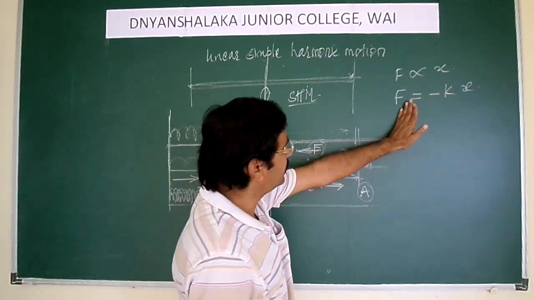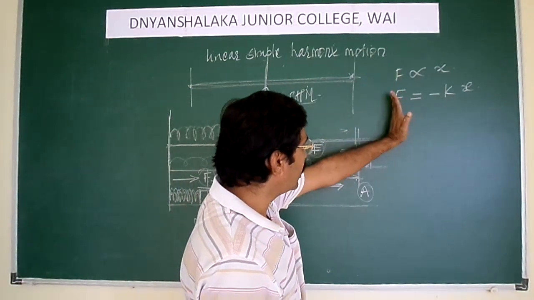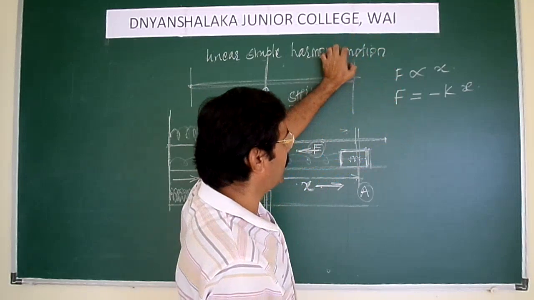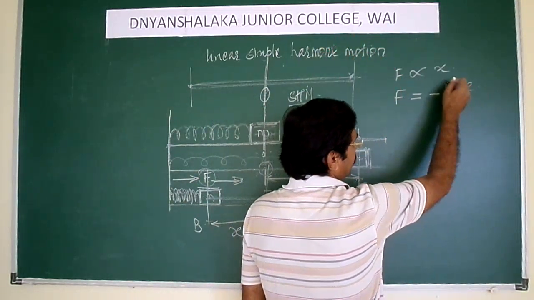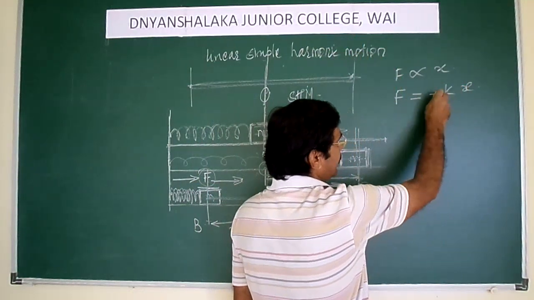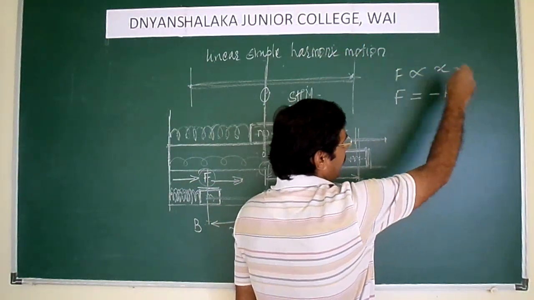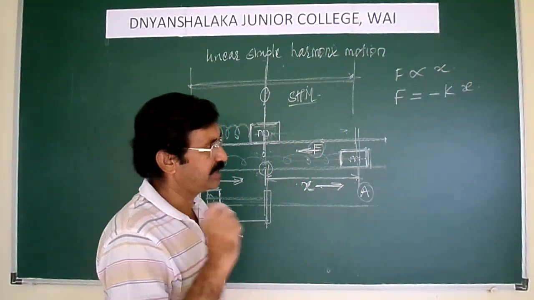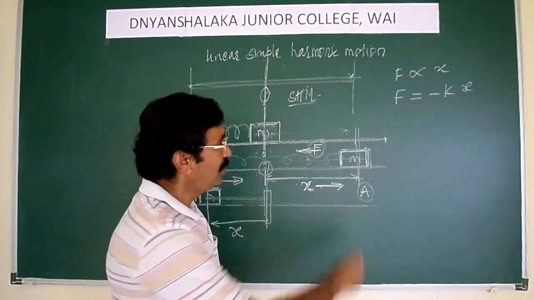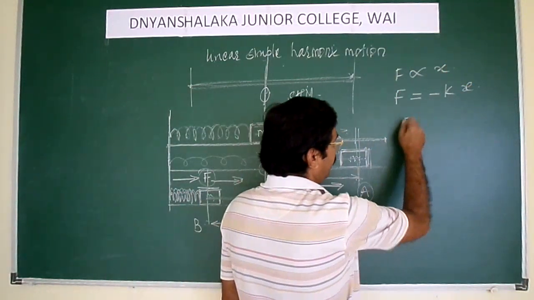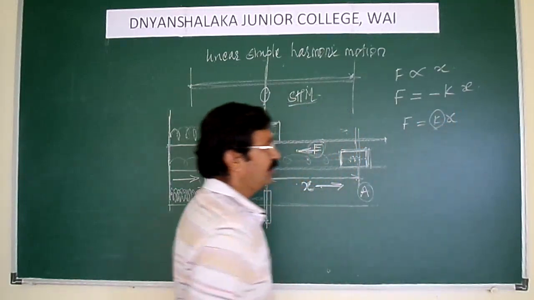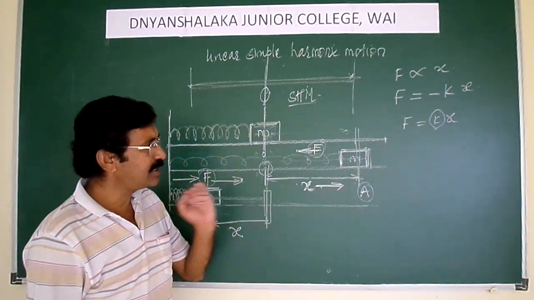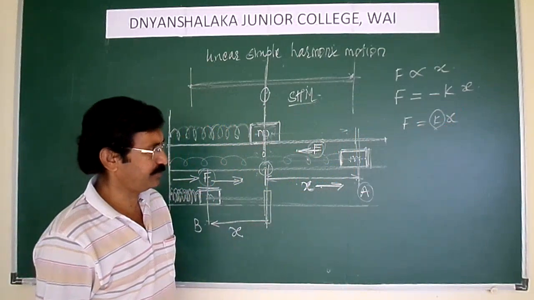And so here we see that the restoring force F in simple harmonic motion is equal to minus kx, where the minus sign indicates that force and displacement are in opposite direction. In terms of magnitude, F is equal to kx. K is the constant of proportionality.